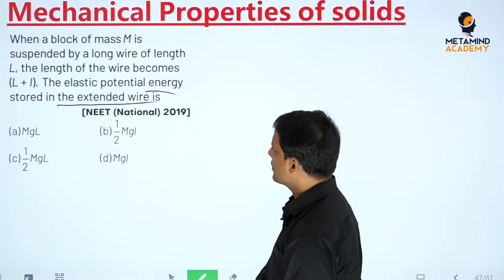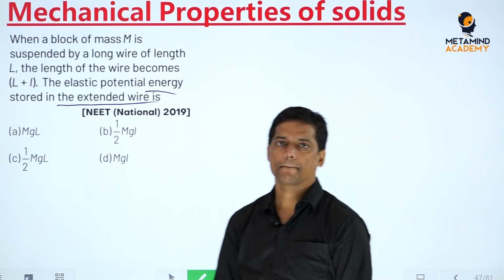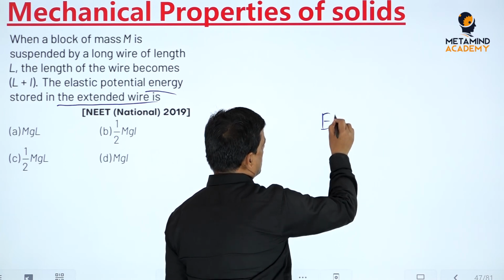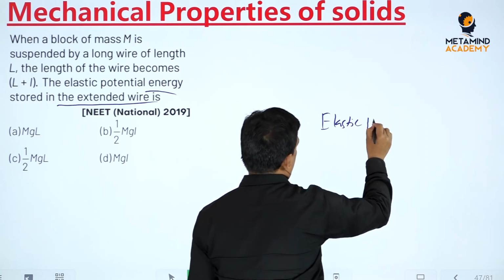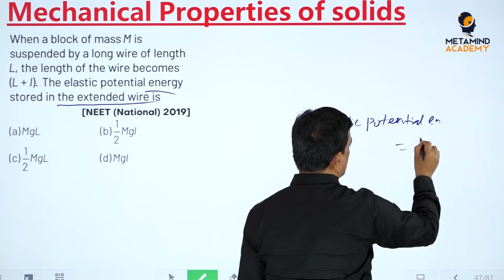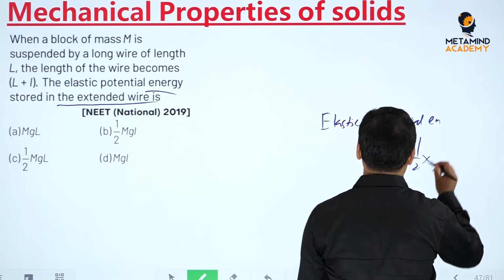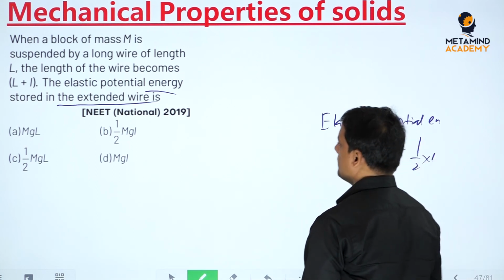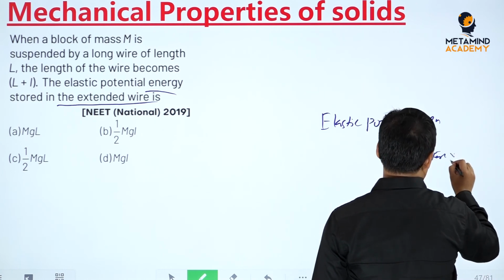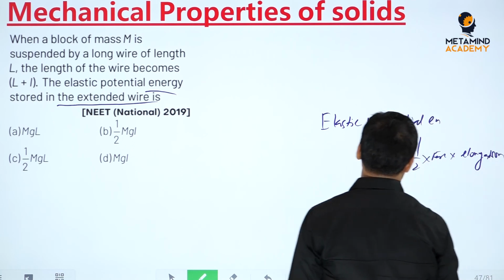There is a straightforward formula: elastic potential energy is half into force into elongation, or change in dimension.